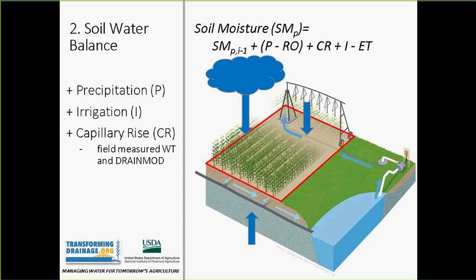We are estimating, and I underscore that quite a bit. We are estimating, but we do have field measured water table, and so we've used that field measured data set in the soil utility and DRAINMOD to try to get some estimates of how much capillary rise is occurring and actually being used in that crop ET.